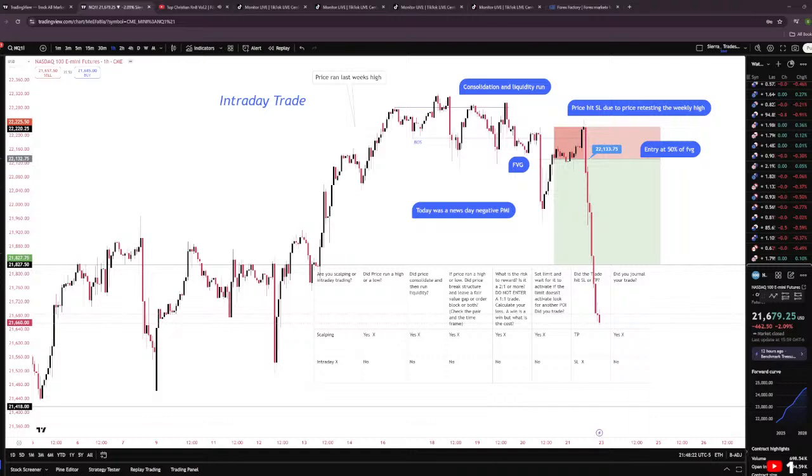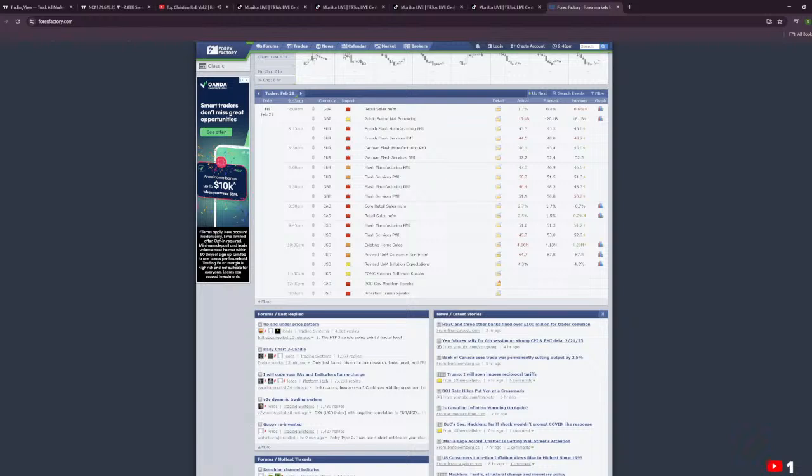Alright, and then before I forget, we're going to drop this news event. I've been doing horrible with keeping up with it, but we're definitely going to keep up with it because I believe that news matters. I don't have to go too deep in depth, but these numbers matter, as you can see today. Market mover.